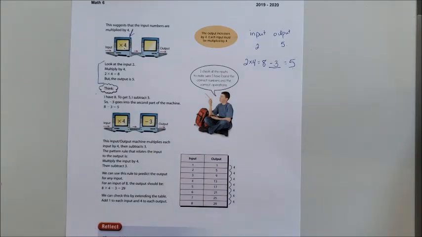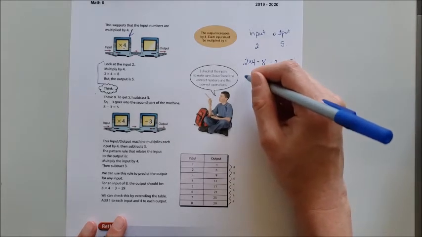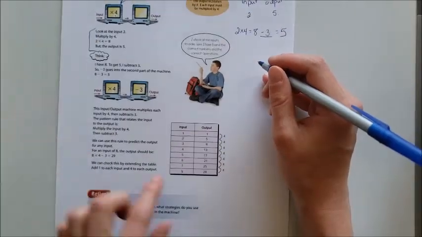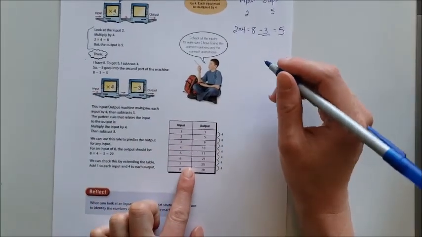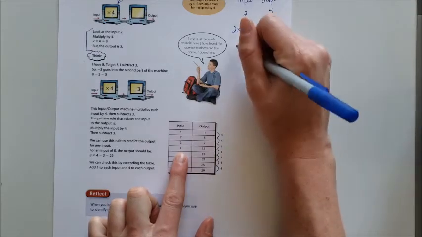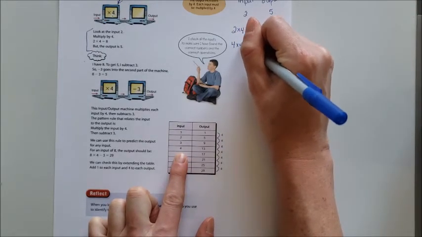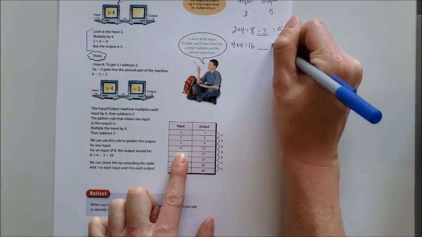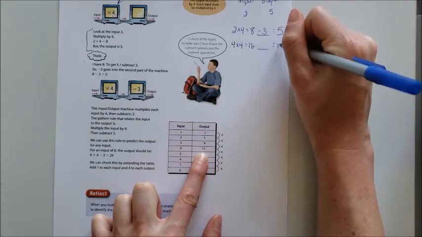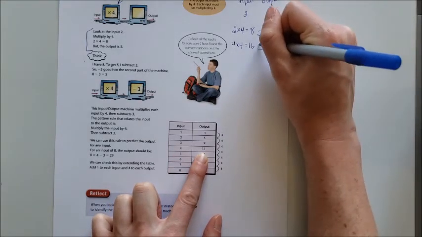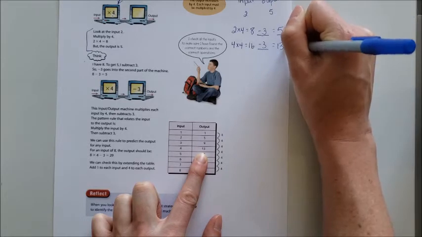Before we just jump on board and assume that's what's going on, we should try a couple others. The same table is down here, so I'm going to use that table now. Let's use input 4. 4 times 4 equals 16. It should equal 13 though. So can I subtract 3? Yeah, that works.